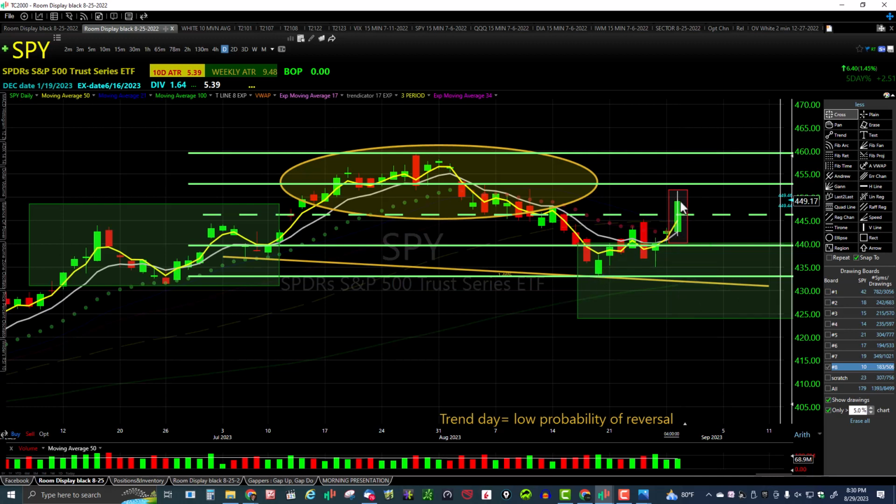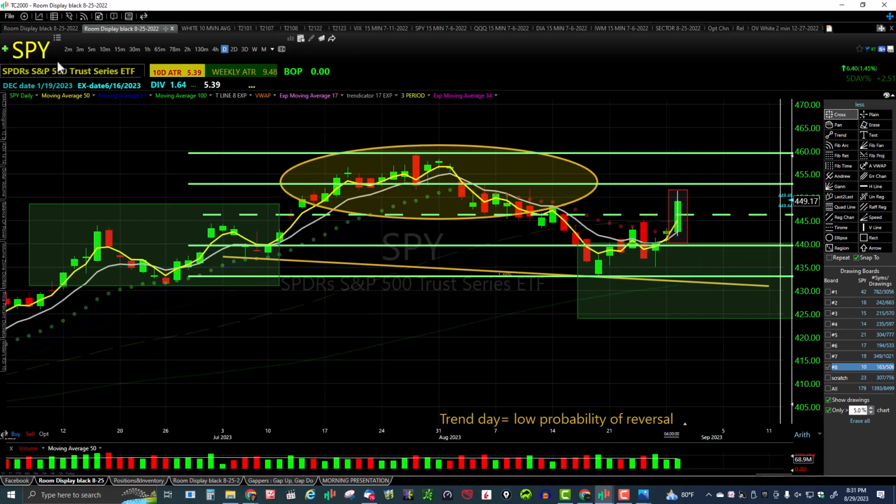So here's price. Notice price closed up over the midpoint. But also notice price made a lower low. You see that? Here's the low here. Price came down and made a lower low.